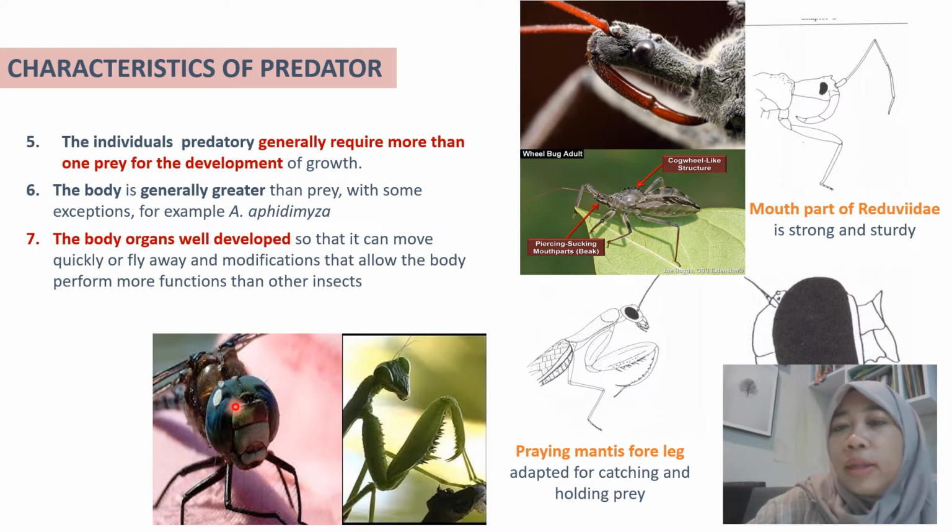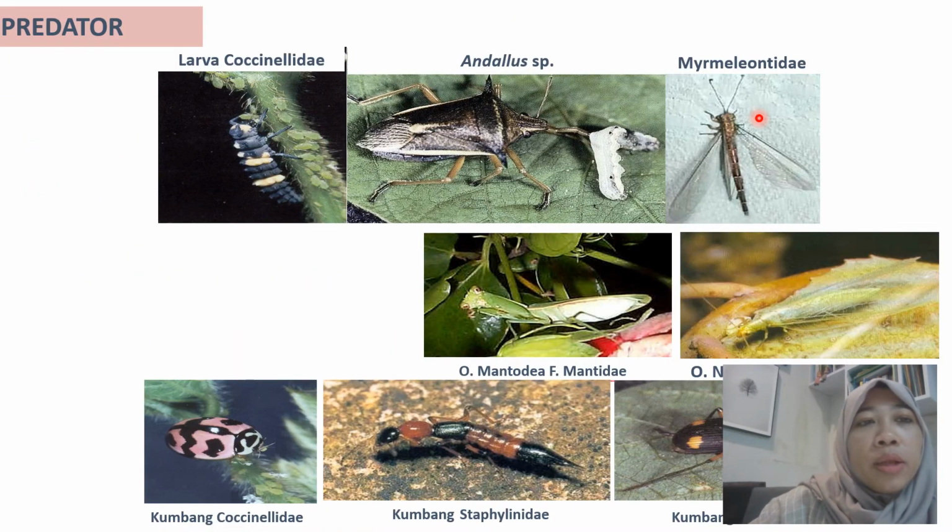Yeah, and this is the mouthpart of the hemipteran predator. The mouthpart is short and sturdy, strong and solid. Yeah, this is an example of a predator.